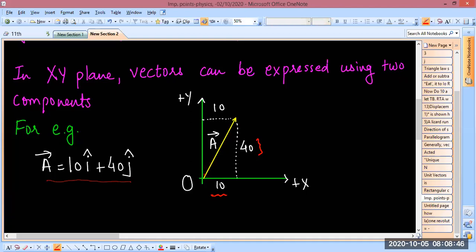If you write it in component form, then 10 is along the x-axis, in the positive x direction, so 10 i caret, and 40 is along the positive y direction, so that's why 40 j caret. This is actually true in general. In fact, we are going to practice some questions like this today. Let's start.